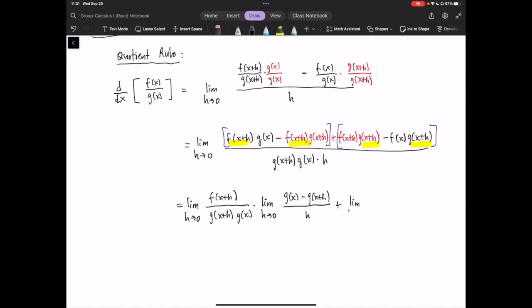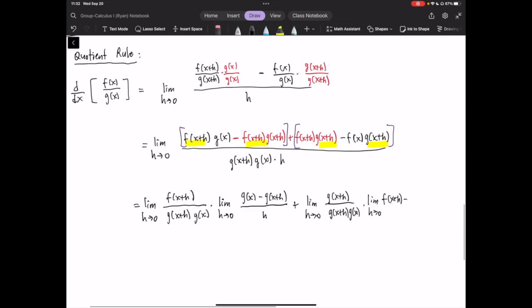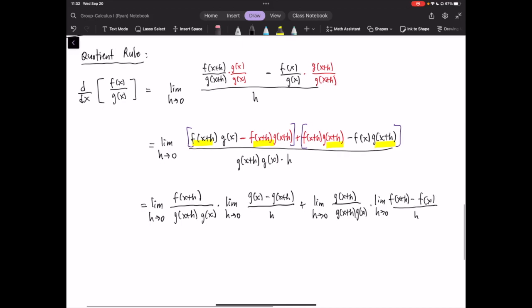This will be now the limit as h approaches 0, g of x plus h over g of x plus h times g of x. I'm not going to do any cancellation here, and we'll see why when we get to that point. And then times, this limit is the limit as h approaches 0 of f of x plus h minus f of x all divided by h.